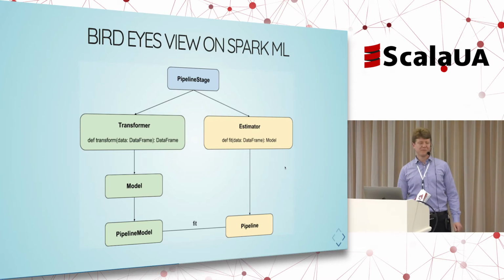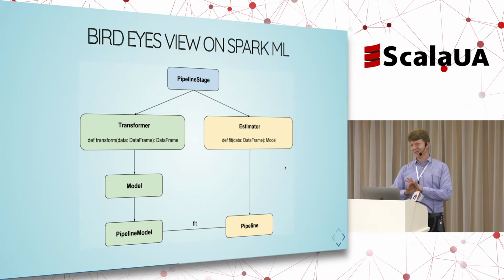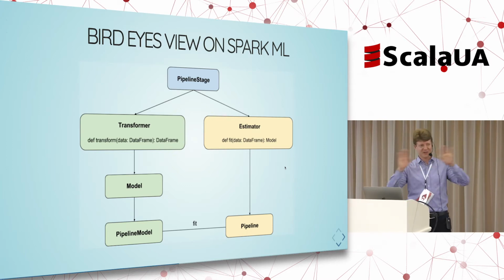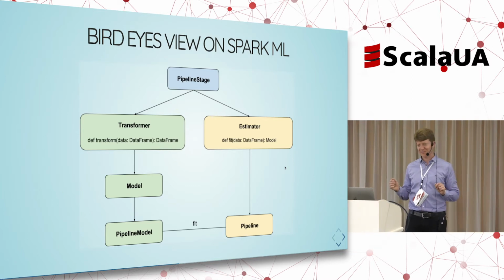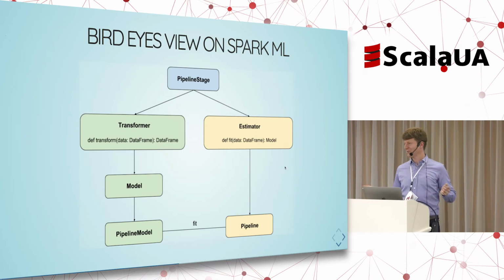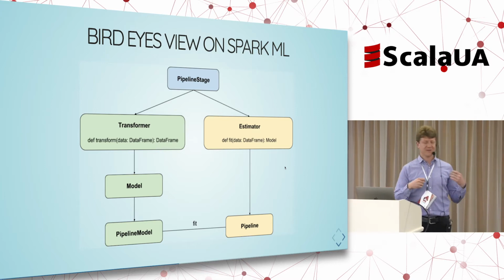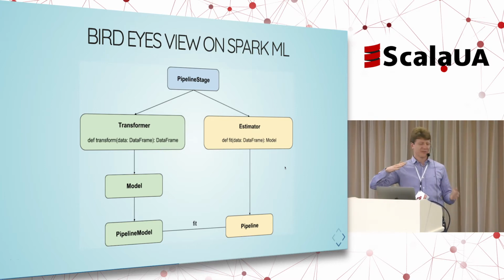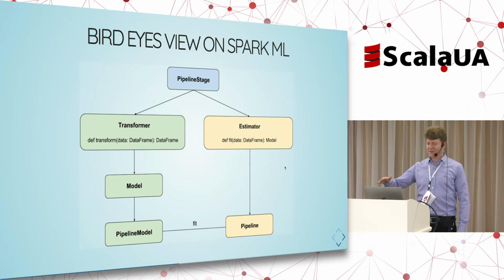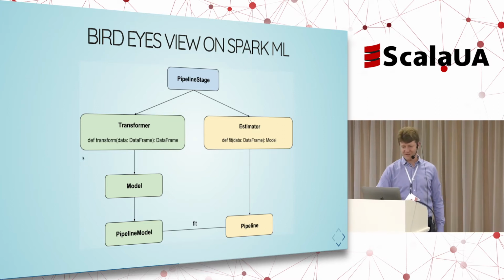So I don't want to give you an introduction into Spark ML here, because this would, I guess, need several presentations. But just so that you have a brief overview and we're all on the same page, the architecture of Spark ML is, you could say, based on this notion of pipelines. A pipeline can contain either transformers or estimators.